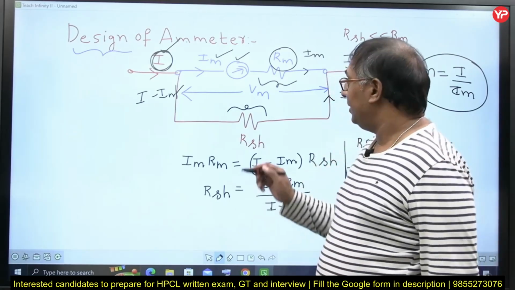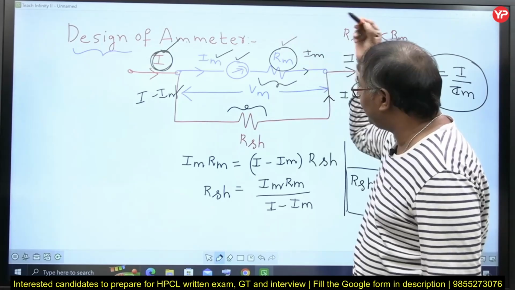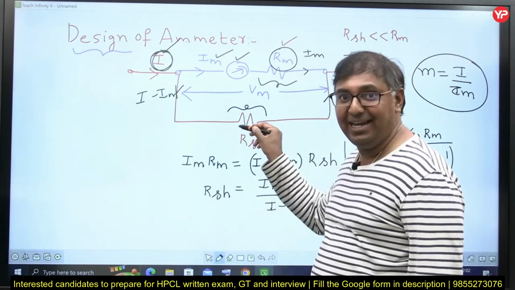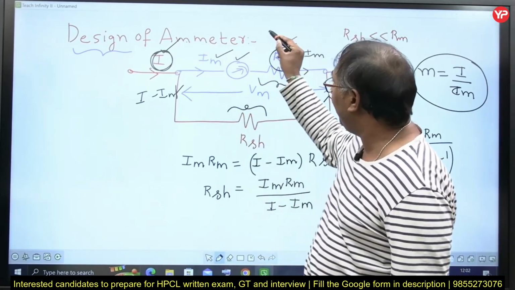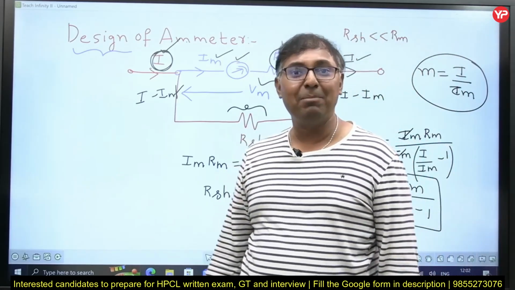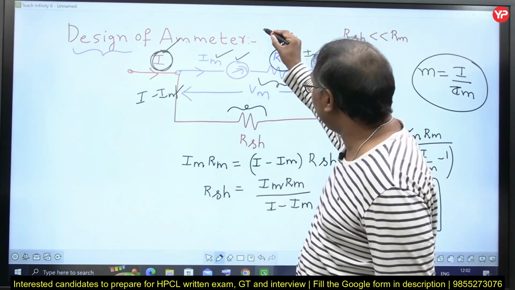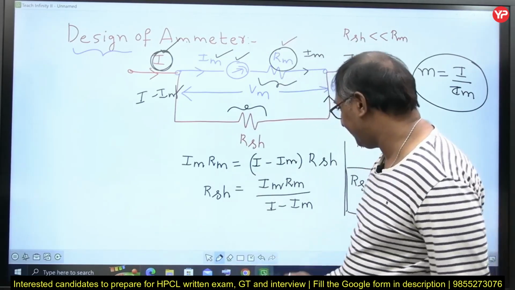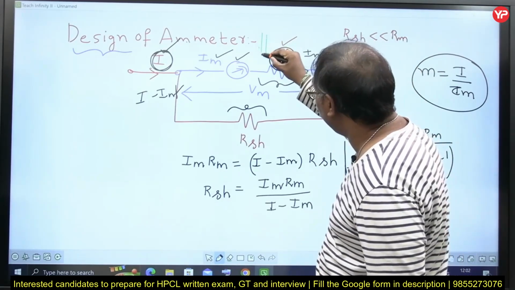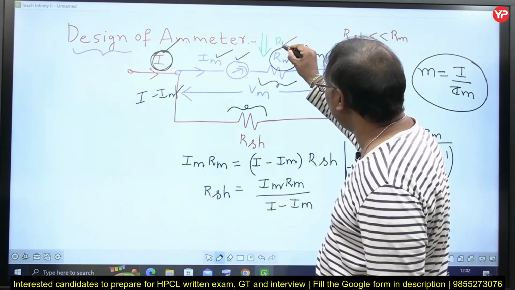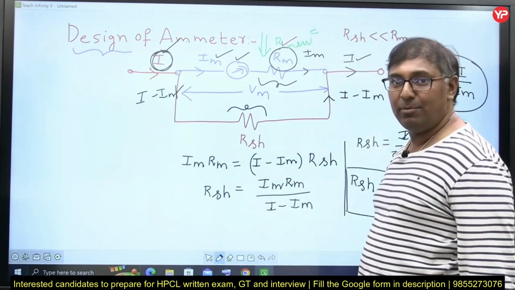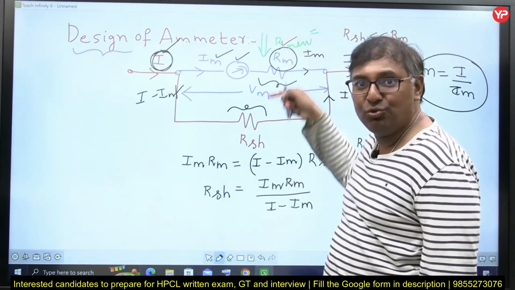Earlier my meter had a resistance of RM. Now, after connecting RSH for measuring this I, my complete meter has a new resistance. Looking from these terminals, what is that R new? How are these two resistances connected?